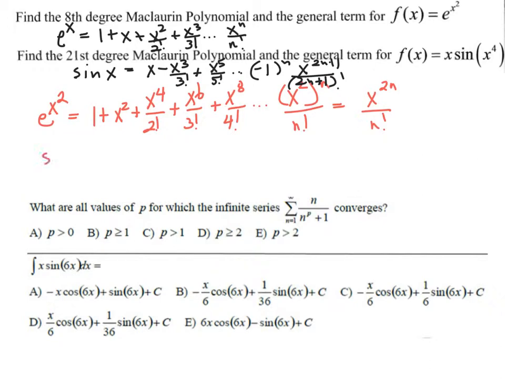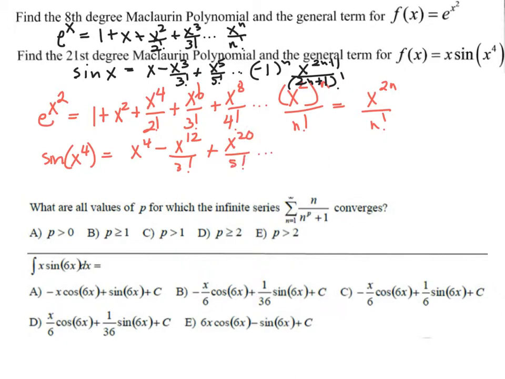Let's say that the sine of x to the 4th would be x to the 4th minus x to the 4th cubed is x to the 12th, and then x to the 4th to the 5th is x to the 20th, dot, dot, dot.